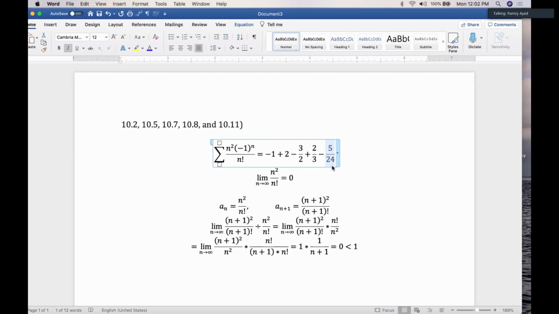So it's a lot bigger. The top grows from 25 to 36, while the bottom grows from 120 to 720. If you keep going, you increase even more and more on the bottom, which means it is decreasing. You can say it is decreasing starting from the third term.